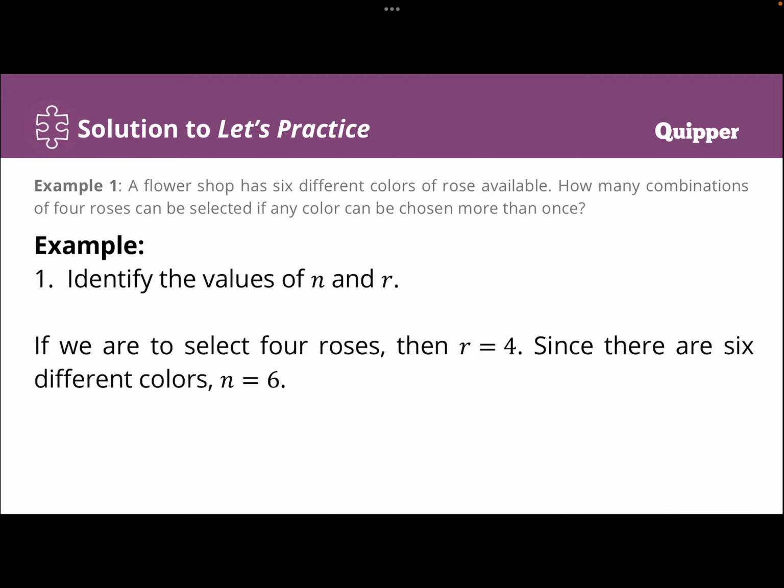So, unang process, syempre, you have to identify our N and R values. So, a flower shop has 6 different colors of rose available. So, therefore, the value of N here is 6. And then, there are 4 roses that can be selected. So, the value of R is 4. Okay?